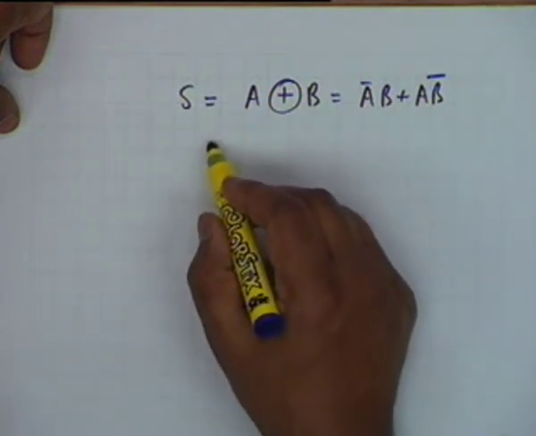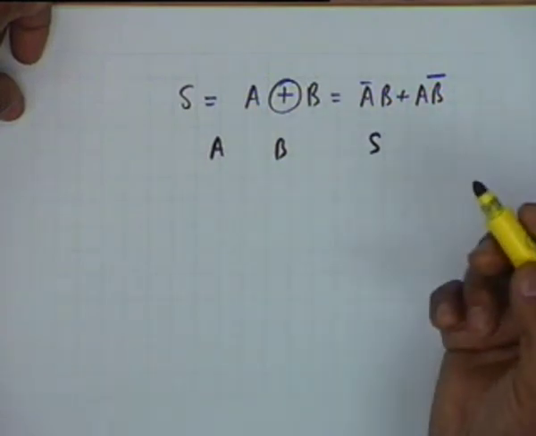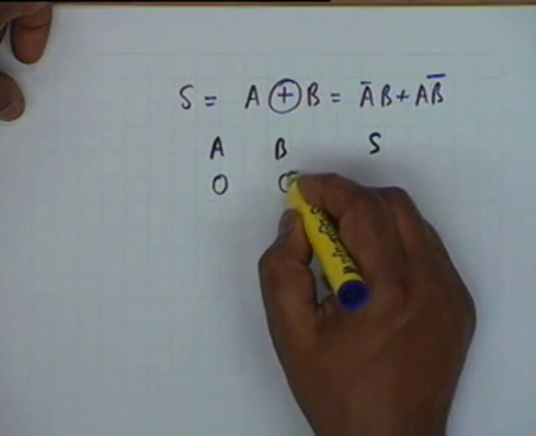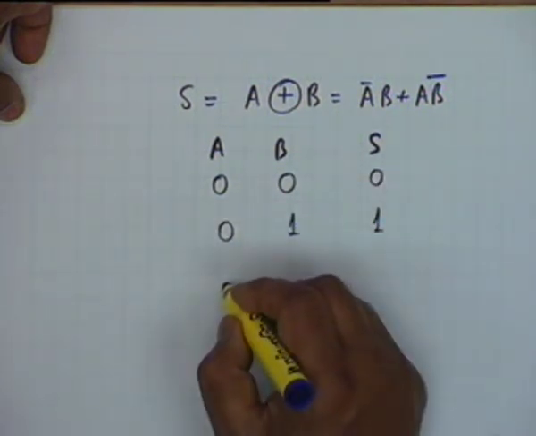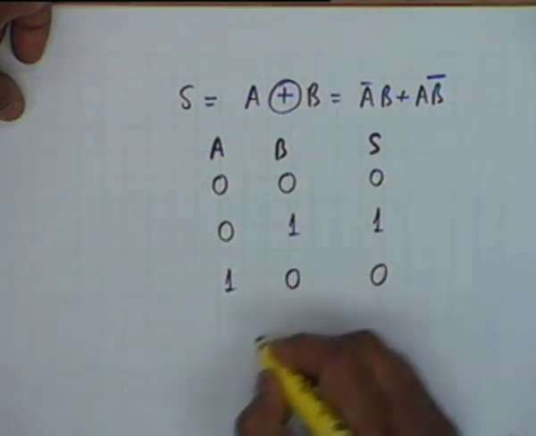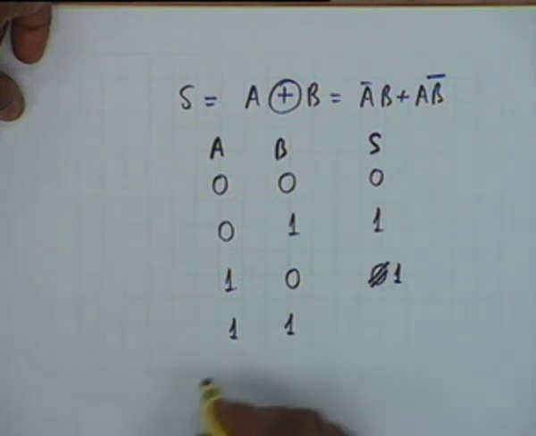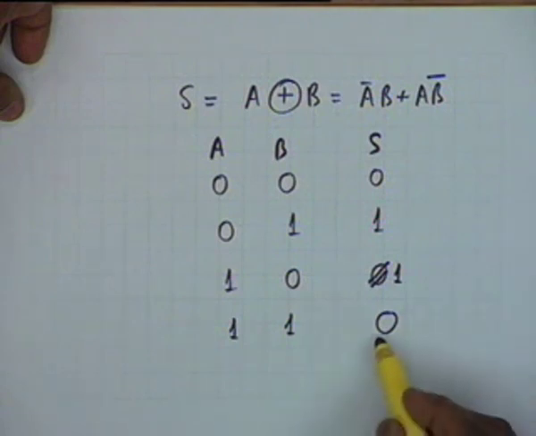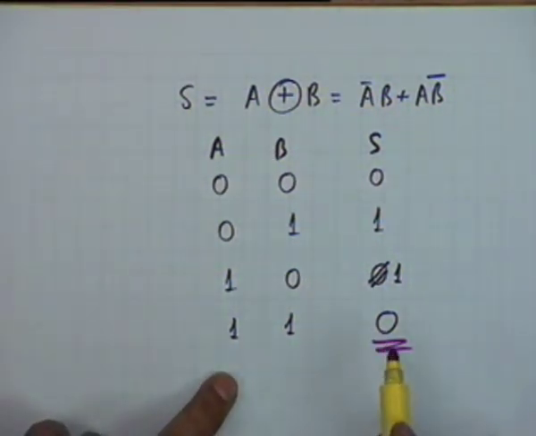Alright, if I write the truth table A, B and S, well, the truth table is the same as that of the sum bit. 0, 0 is 0, 0, 1 is 1, 1, 0 is 1, and 1, 1 is 0. This is the only row in which the output differs from the OR gate, isn't it? This is why it's called an exclusive OR.